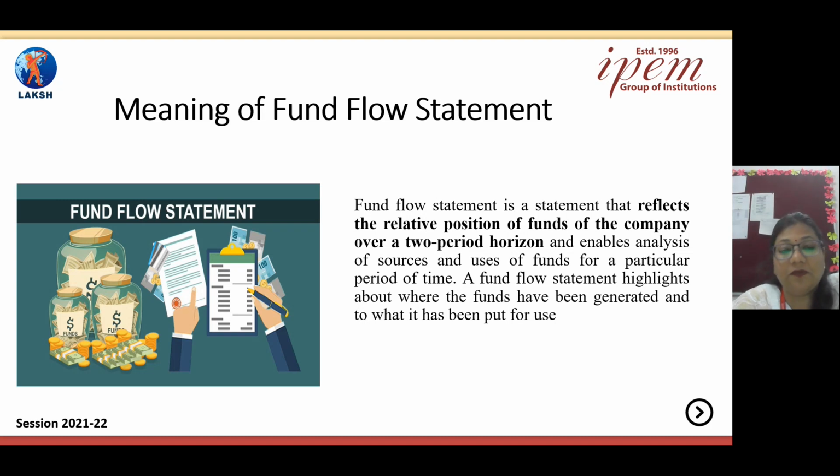So it also explains the following: fund sources, or where the funds came in from with their sources, and fund application, or where the long or short-term funds have been used.